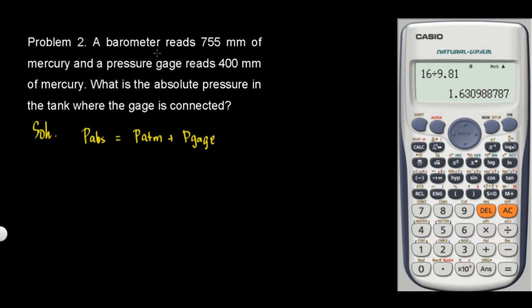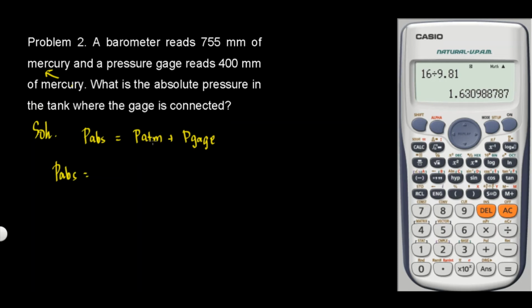Ang sabi rito is mercury. The specific gravity of mercury is 13.6. Sa board exam, hindi na binibigay ang specific gravity of mercury. Dapat yan ay alam na natin, no? That specific gravity of mercury is 13.6.